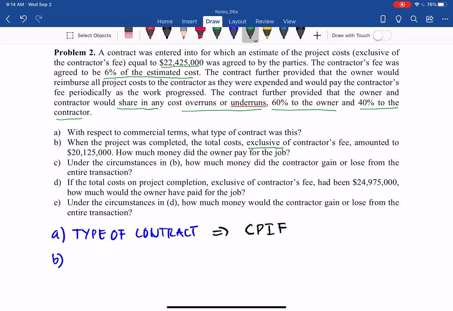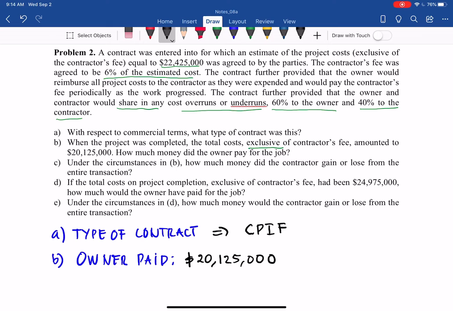So we say the owner paid. In this case, first they have to pay the actual cost. Whatever the cost spent, it will be reimbursed. So it's reimbursed 20,125,000 regardless, because that is the actual cost.